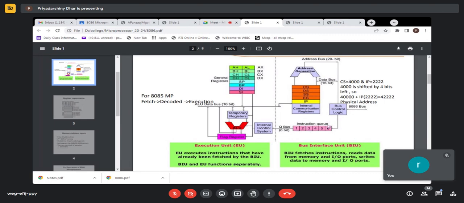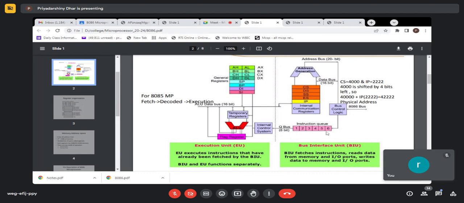This is a first in, first out register set. How many registers are present here? 6 registers, and each register consists of 8-bit data, that means each register can temporarily store 8-bit data.